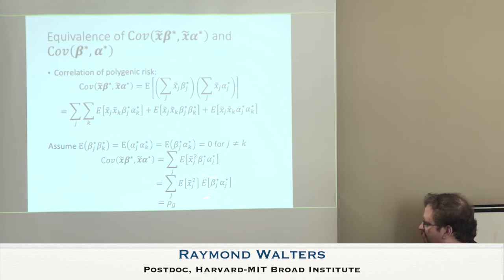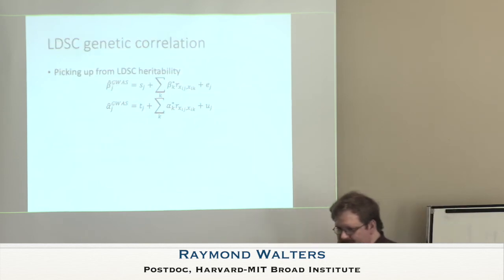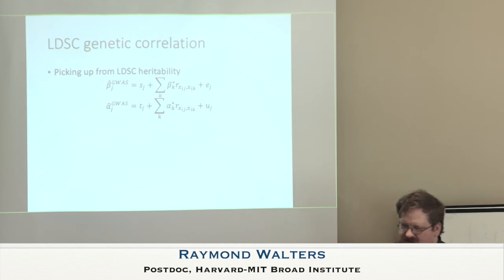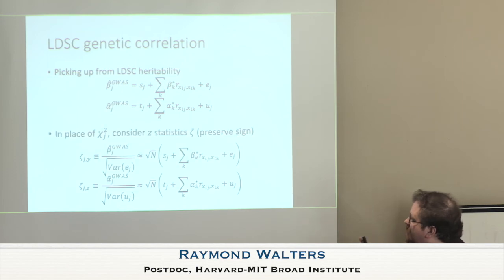And so functionally, we end up only needing to look at this correlation between the effect sizes, which gets to our correlation term. All right. And so plugging this back into what we've said previously about the GWAS betas and their statement of what those effect sizes look like relative to these conditional effect sizes.